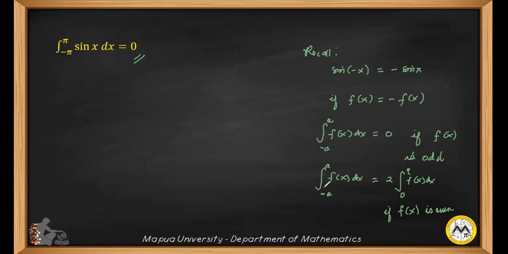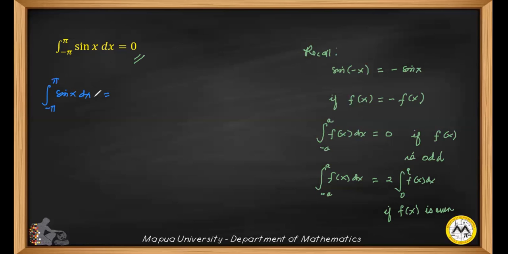Now, if you want to verify that the integral of sine of x dx from negative pi to pi is really equal to 0, then we can actually do that by applying the definition of definite integral. So let us try to evaluate the integral of sine of x dx from negative pi to pi.